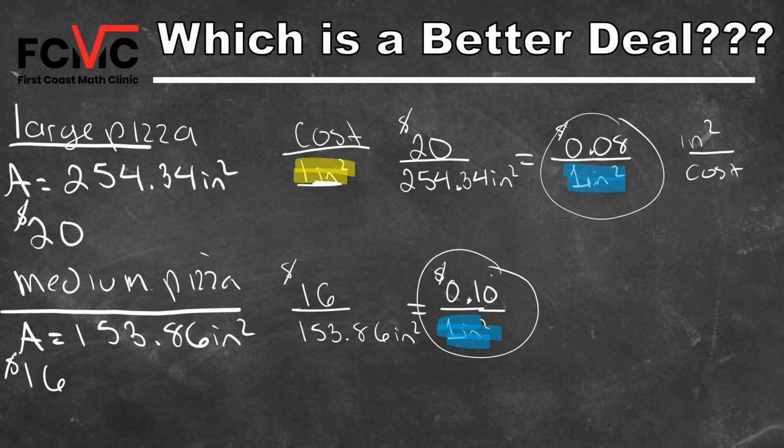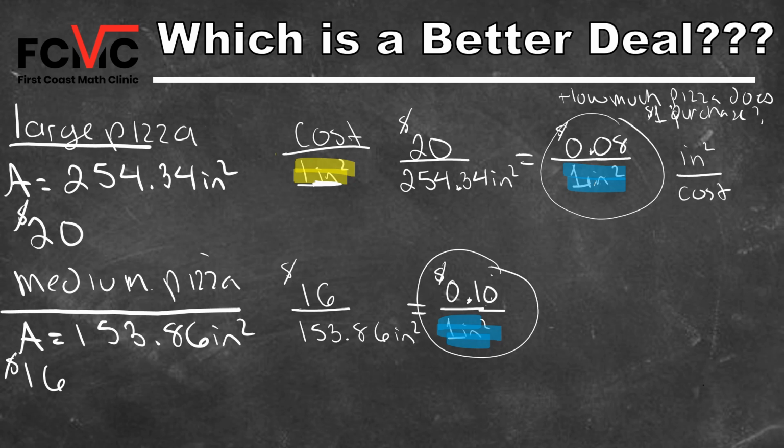So how much pizza does $1 purchase? Our previous ratio was cost over area squared, or $1 over 1 inch squared. Well, this is going to be our area, so our inch squared over our cost.